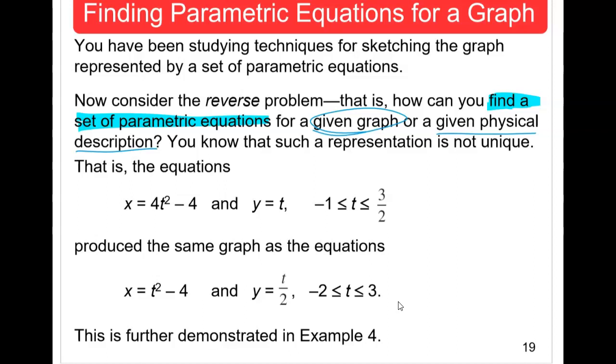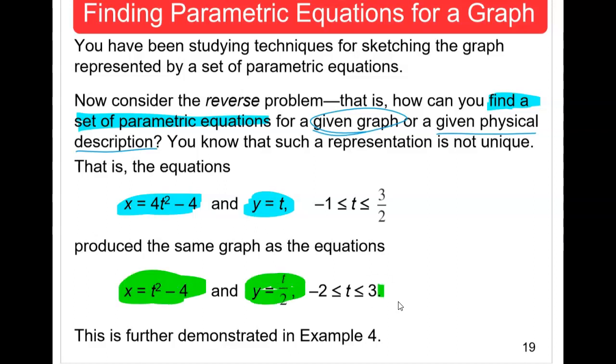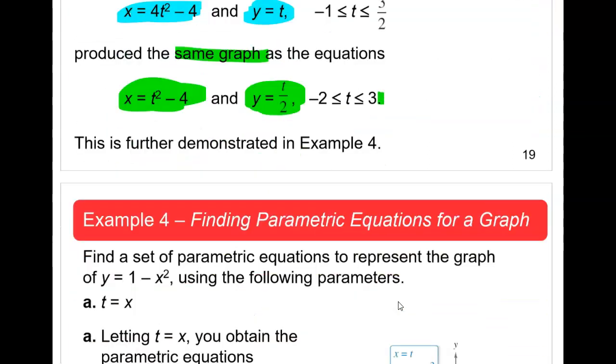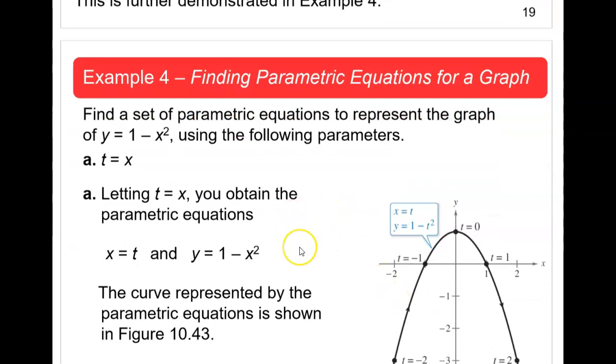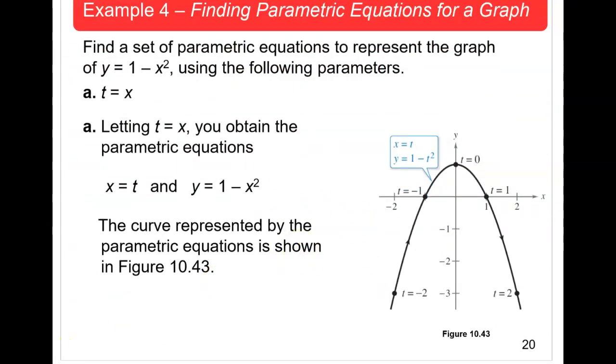If you recall from what we did before, two different parametric equations can give you the exact same graph, as it was shown on a previous slide. So let's go ahead and get example 4 started.